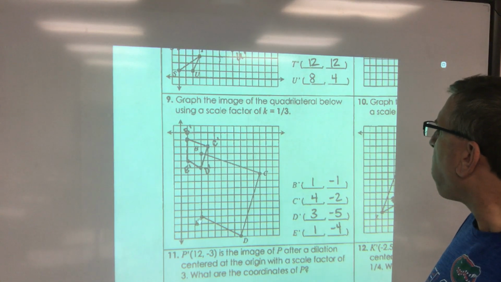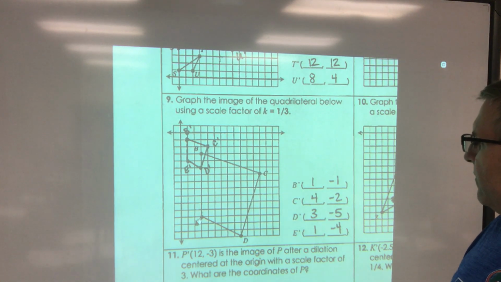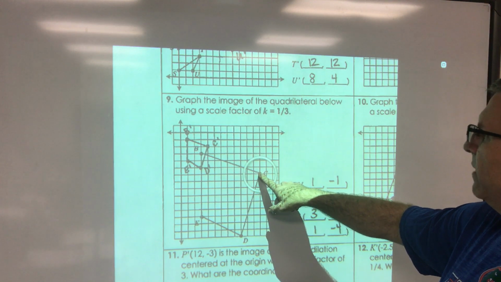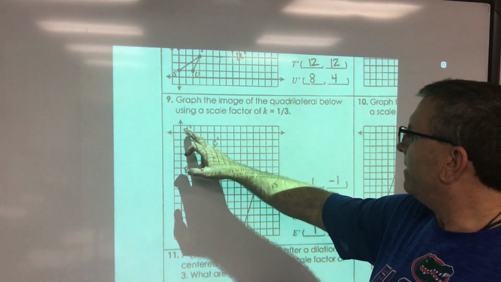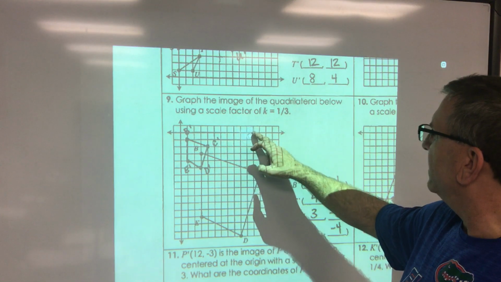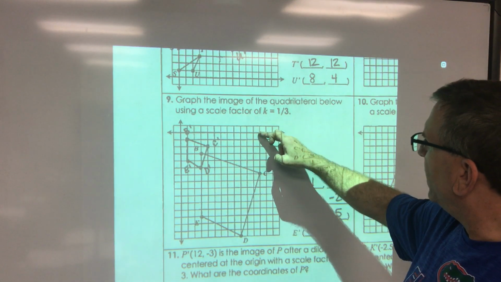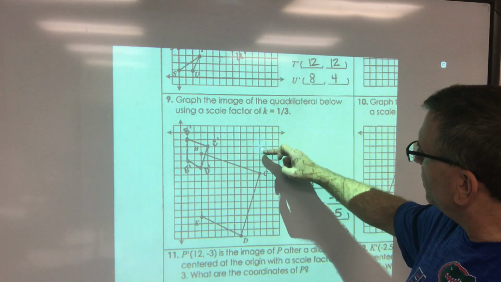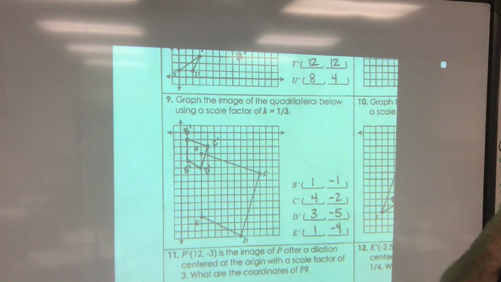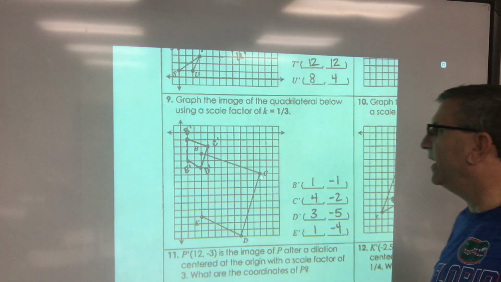If we look at C right there, we come out 1, 2, 3, 4, 5, 6, 7, 8, 9, 10, 11, 12, and down 1, 2, 3, 4, 5, 6. So we have 12 and we have 6.